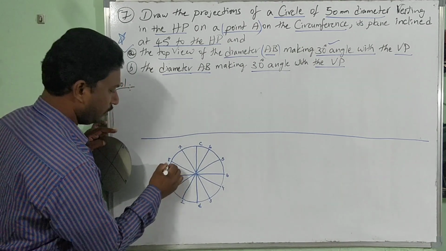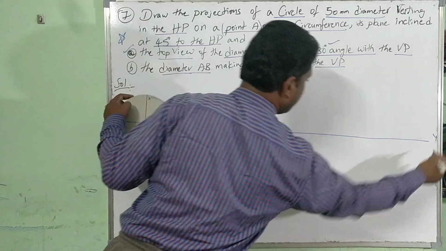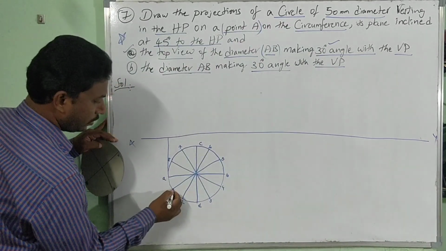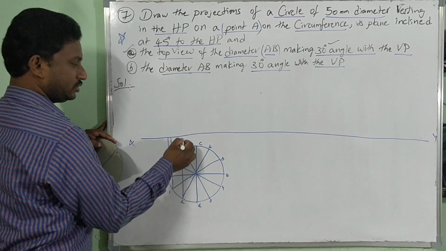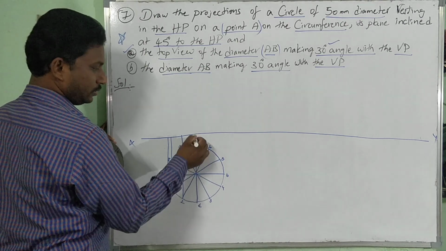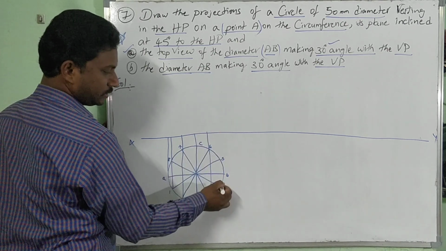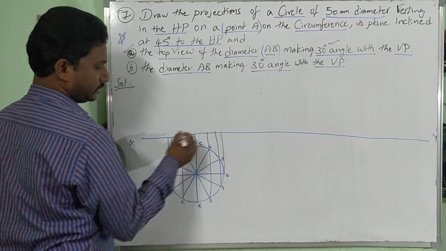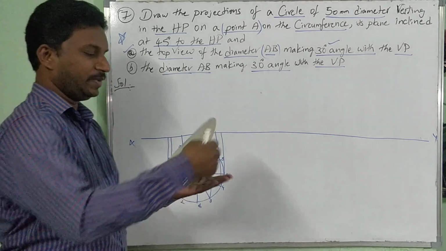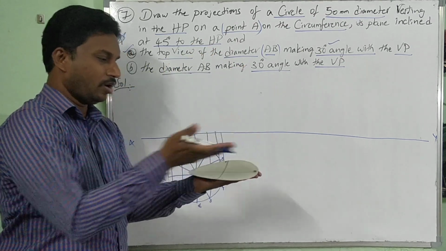Now from here, projecting its front view. So this is the XY line. 1 2 8, 2 2 7, C 2 D, 3 2 6, 4 2 5, 6. Now, as it is completely resting on HP, in the initial position to draw the true shape, the front view will be on the XY line.